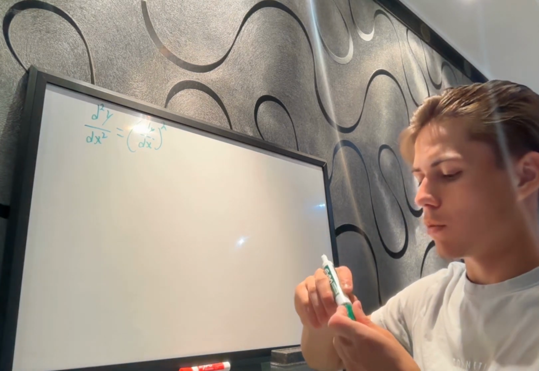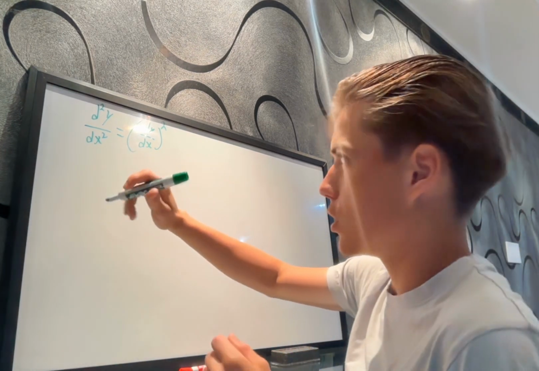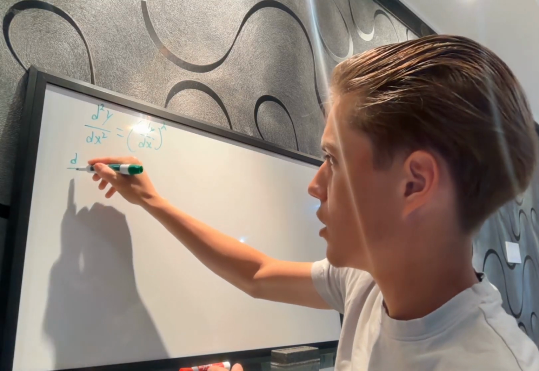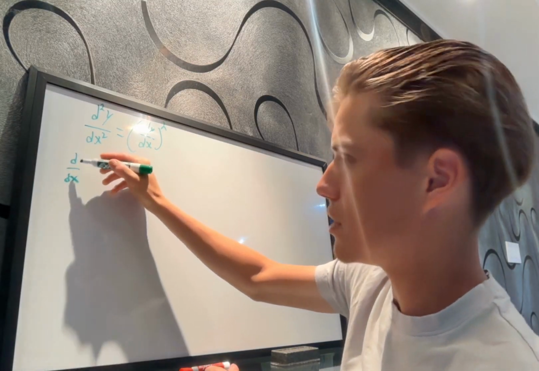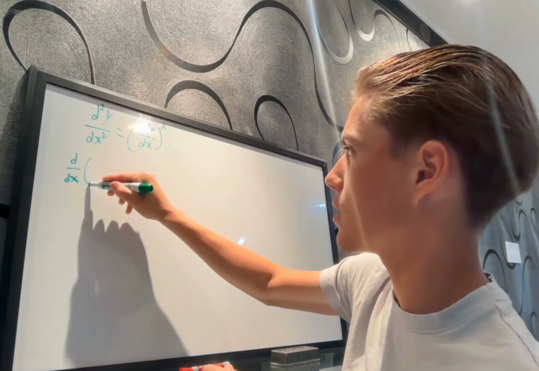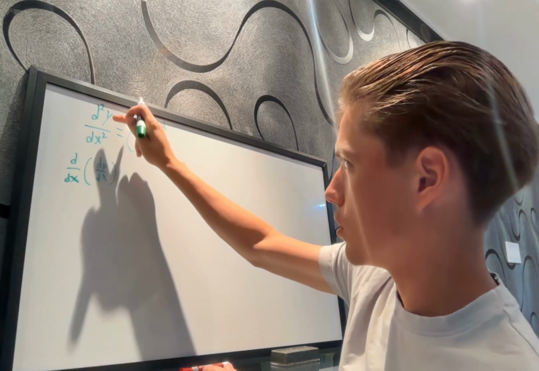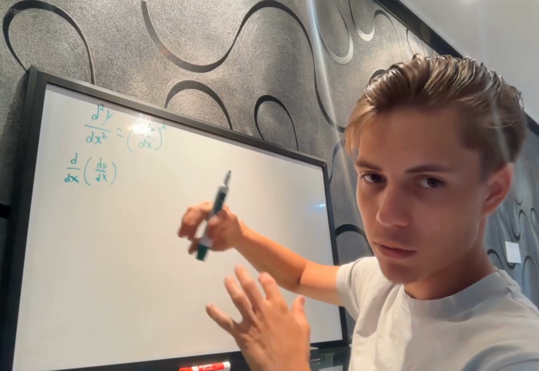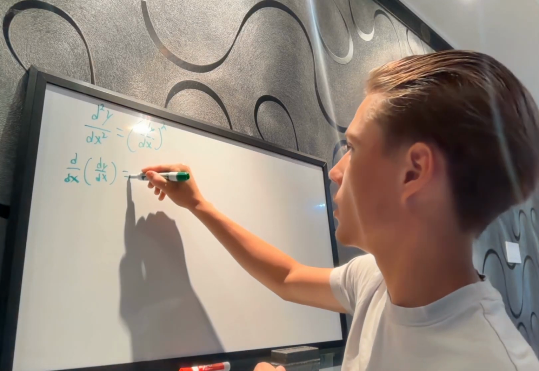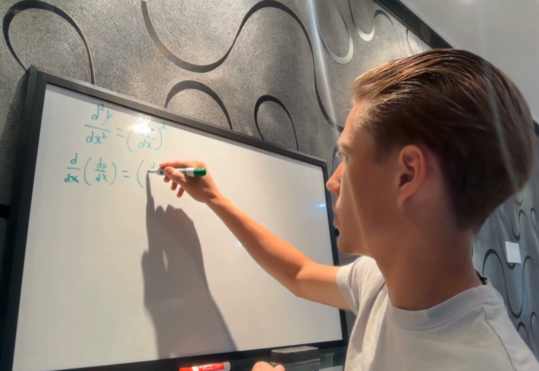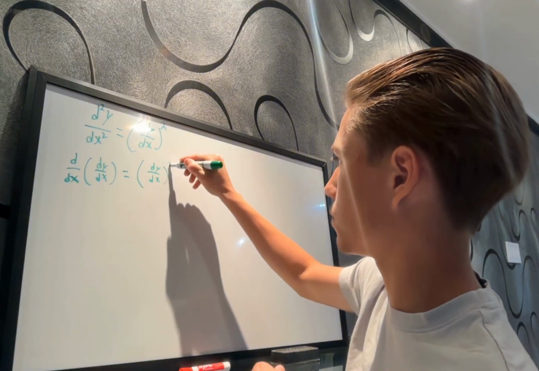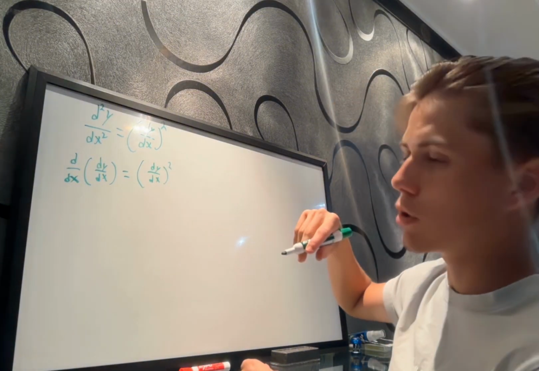So first, I'm going to rewrite the second derivative in this form. This means we're taking the derivative with respect to x of our first derivative, so this and this mean the exact same thing. Then we're just going to rewrite what's on our right side, dy dx squared. Now I'm going to do a little substitution.